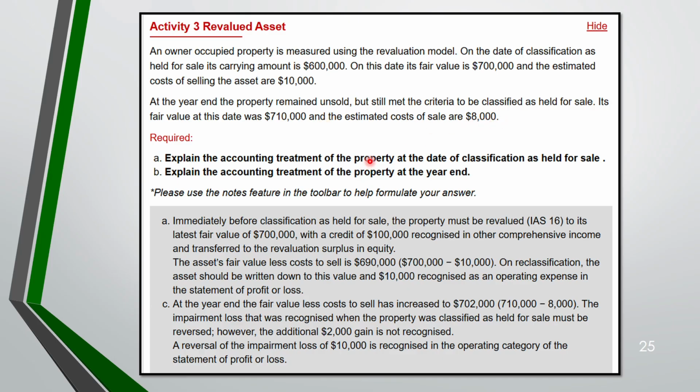So now, if you take the difference, that is 700 minus 10, fair value less cost to sell is 690, whereas your carrying amount is 600. So you will recognize your property at 600,000, the lower.